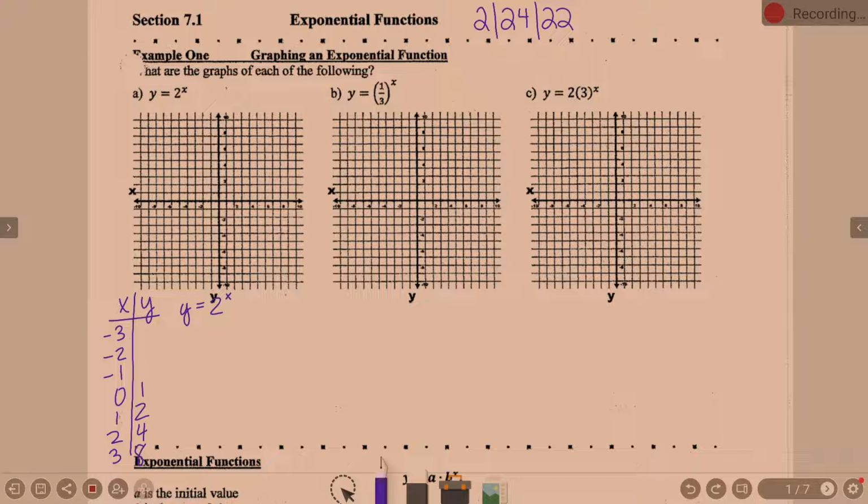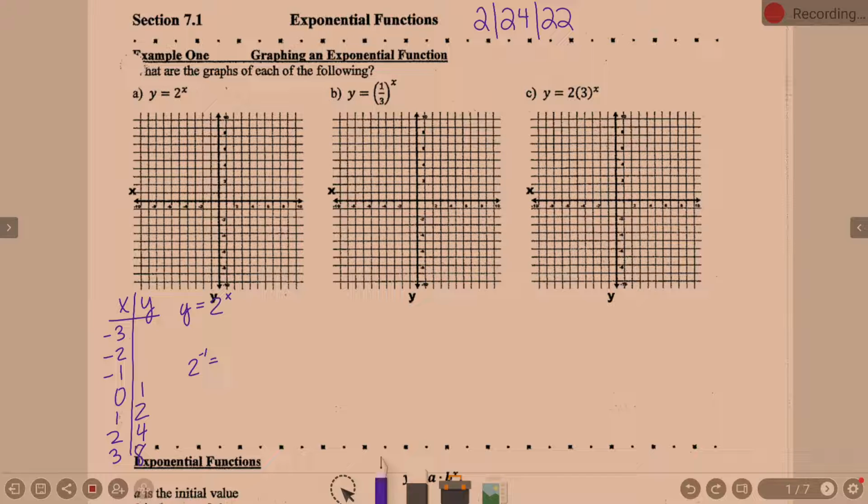What about 2 to the -1? What about if we do it without the calculator? How do we do 2 to the -1 without the calculator? What does a negative exponent tell us to do? Put it under 1, right?